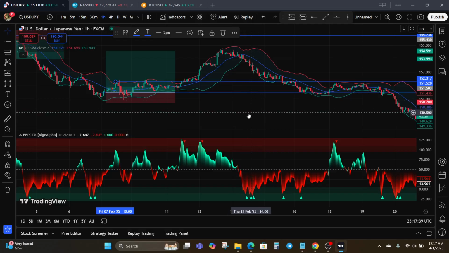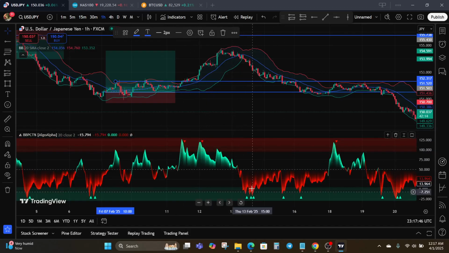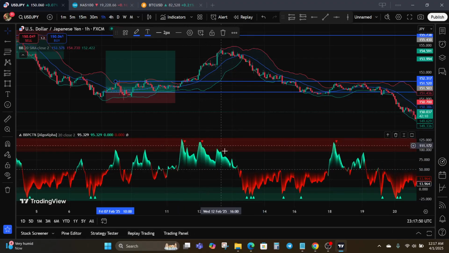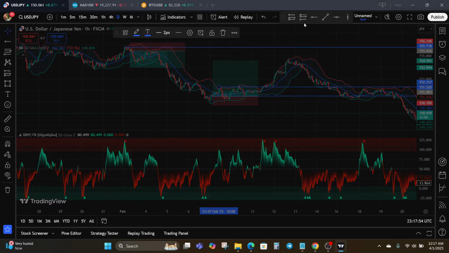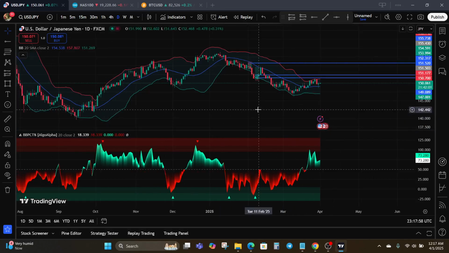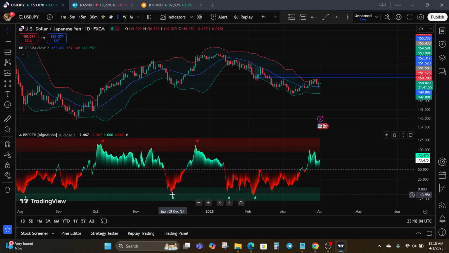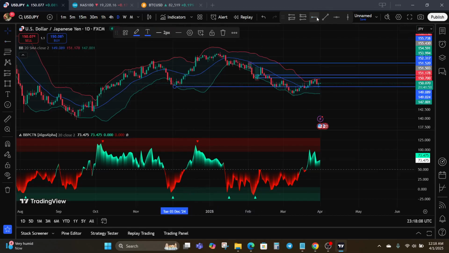Now you can also use this indicator to detect reversals. When the indicator gets to one of the extreme zones and starts to reverse, like what happened here, or when it gets to the extreme bottom and begins to reverse, you can see those indicated reversal opportunities.